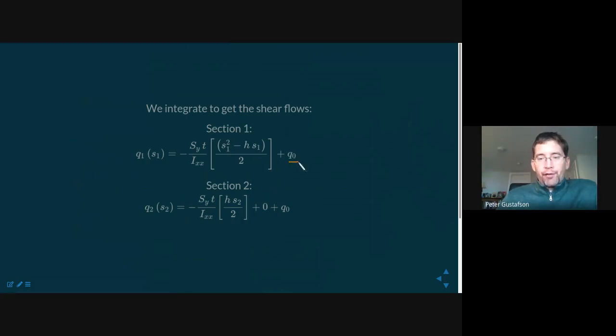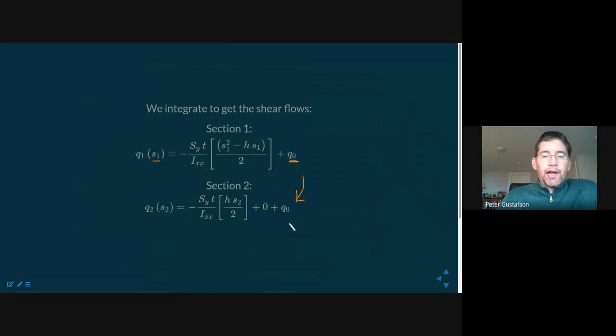Then, of course, we're carrying forward that boundary condition plus q0. We don't know what that is yet. Do that same integral. We plug in the value. So to get the boundary condition here, we're applying s1 equals h into this equation. So h squared minus h squared, you're going to get a 0 there. The other part, q0, comes down again.